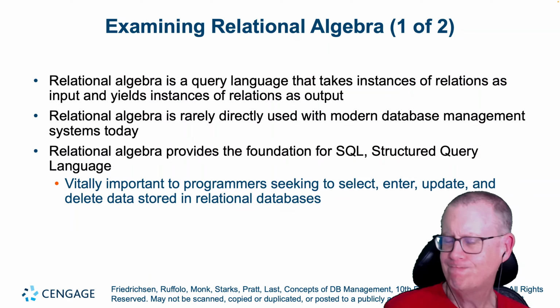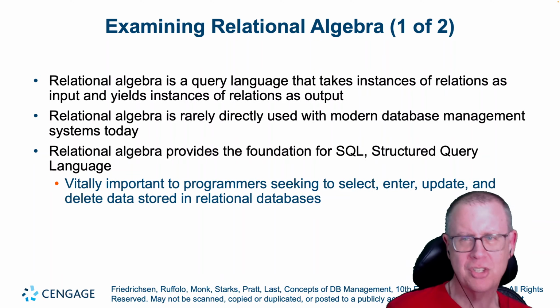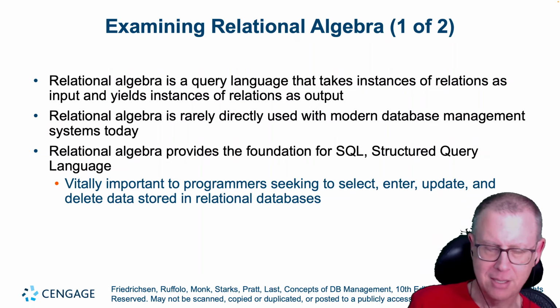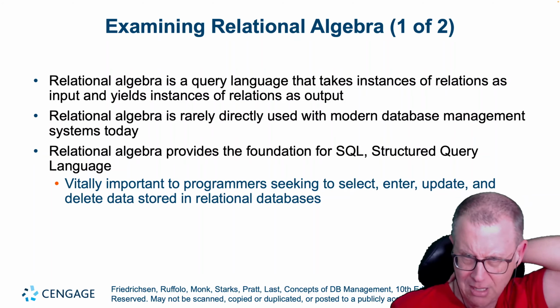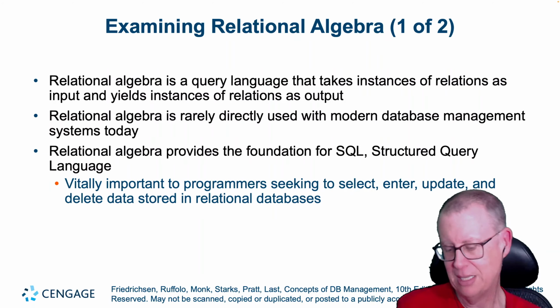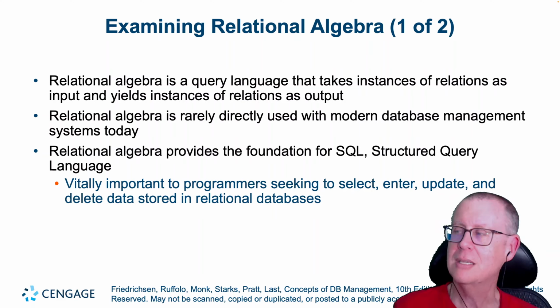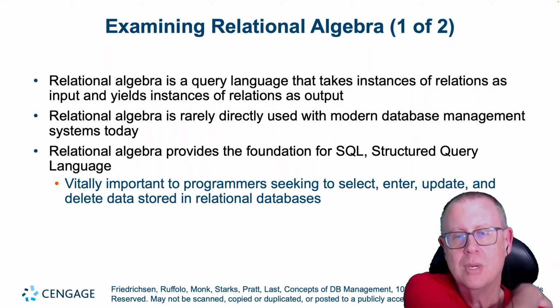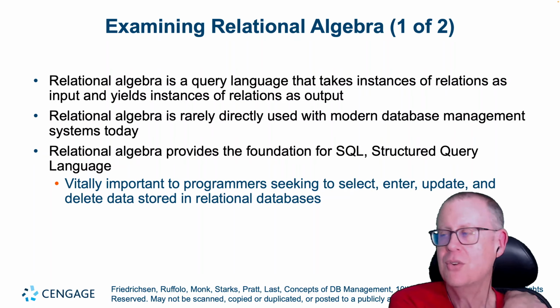Okay, I'm not going to talk too much more about relational algebra. In fact, this textbook doesn't talk really much about relational algebra at all. I might release some notes to show you a way to do it. But I think we're better off just moving straight to Access and straight to SQL.